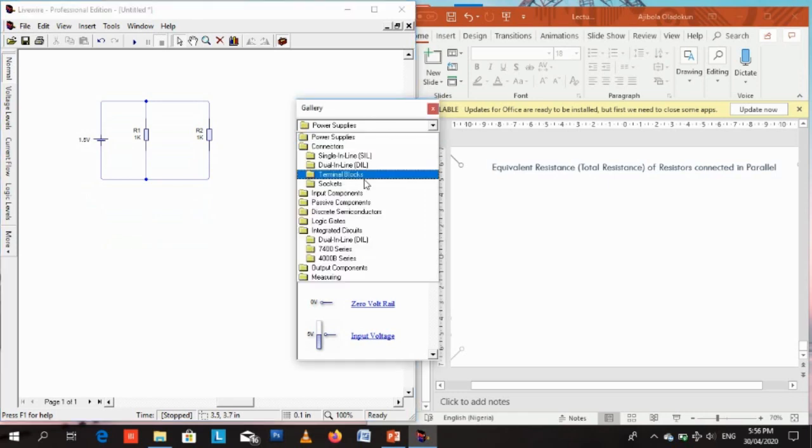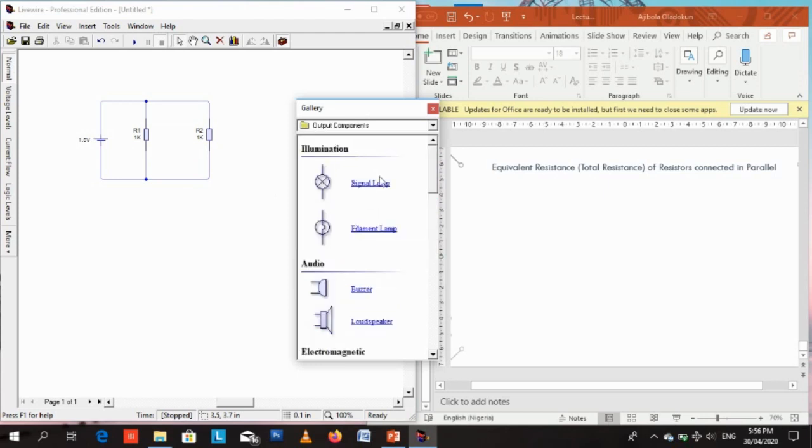Let's get output devices like a filament lamp. Instead of using resistors as a load, you can use a lamp as a load too. Filament lamps also have their own resistance. So when I say load, it's not compulsory that it always has to be a resistor.